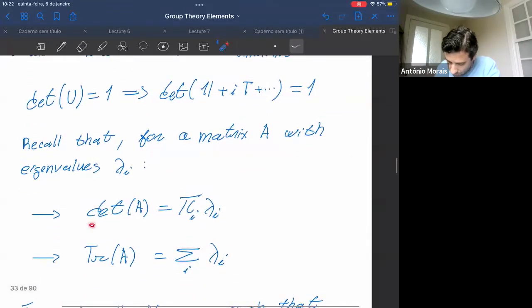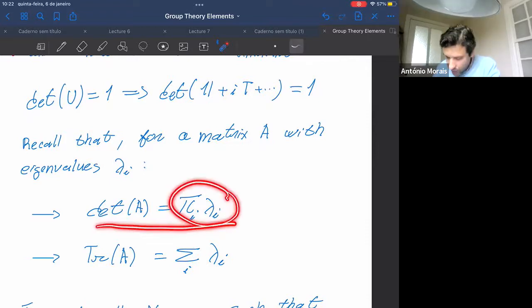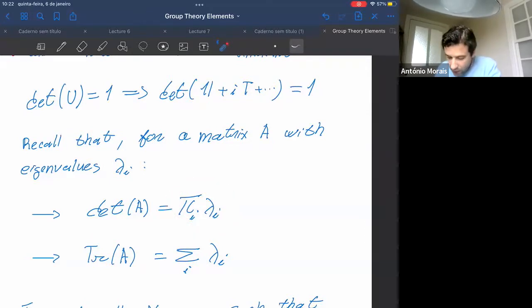First of all, if we consider a certain matrix A with eigenvalues lambda i, we know that the determinant is the product of all the eigenvalues, and also that the trace is the sum of the eigenvalues.